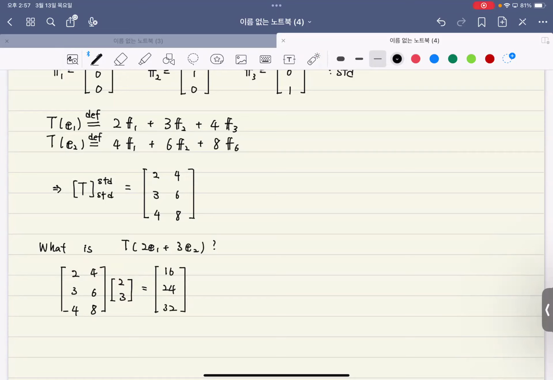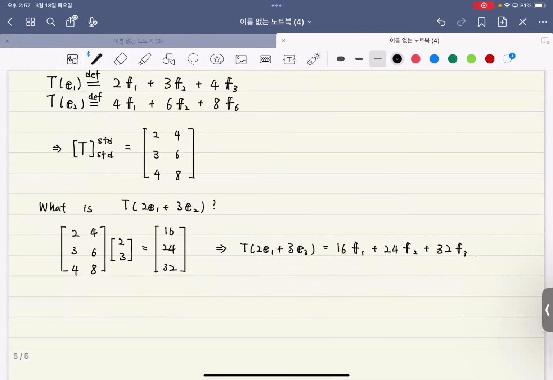So I get this column as a result, and I can translate this result as 16 times F1 and 24 times F2 and 32 times F3. So by simply multiplying the matrix by a column, you can easily compute the result.